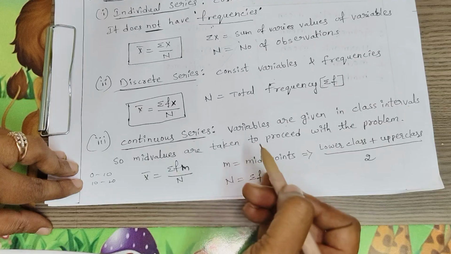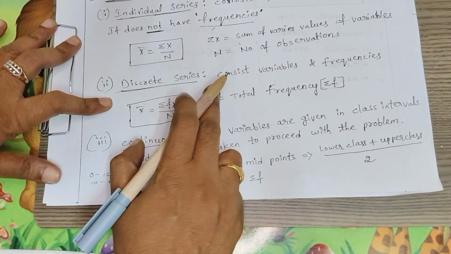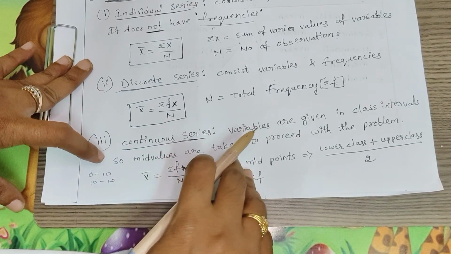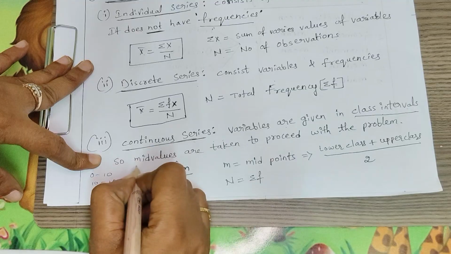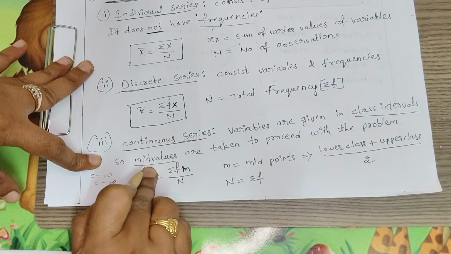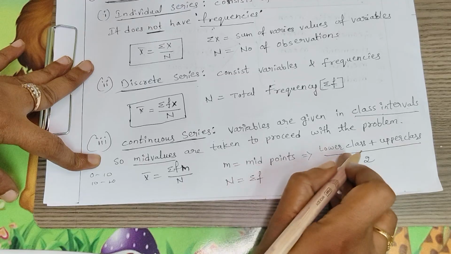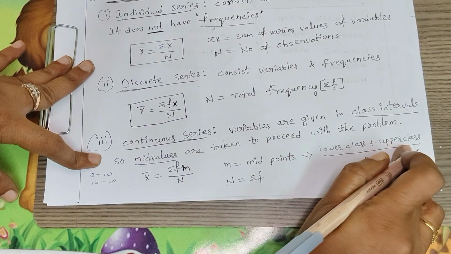So how to calculate mid values? In the discrete series, you have x values. In the continuous series, instead of x values, they will give class intervals. By using these class intervals, we should calculate mid values. M is equal to midpoint. So here M is equal to lower class plus upper class divided by 2. What are the lower class and upper class?